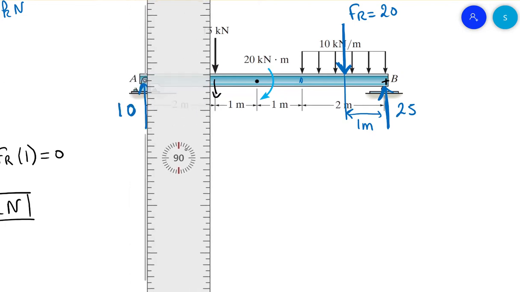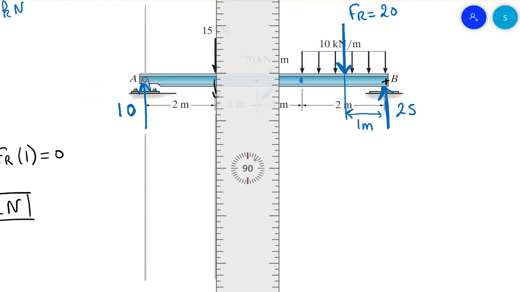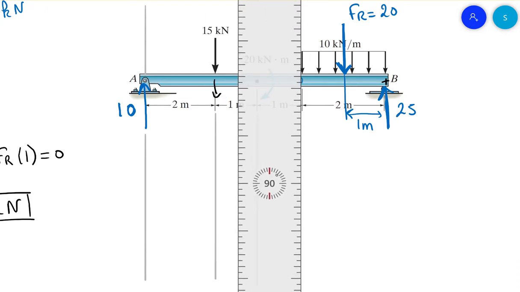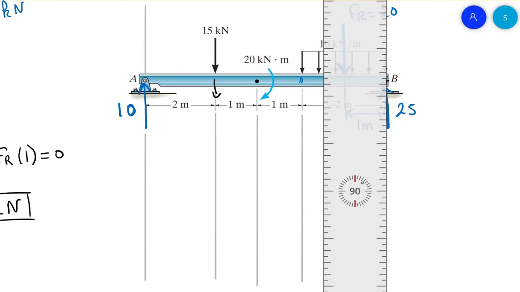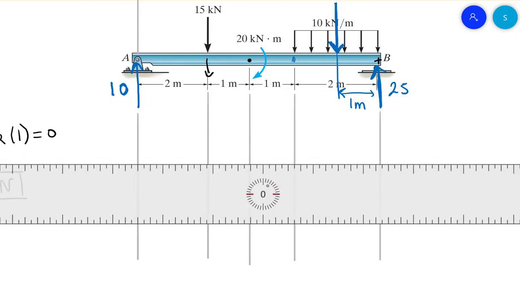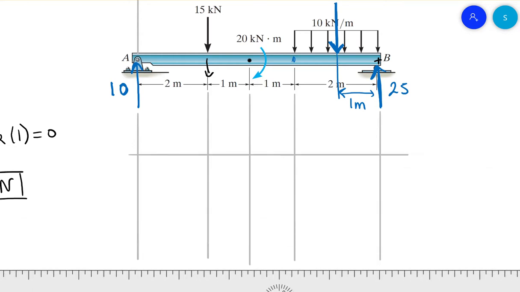This is x equals 0. This is where it's equal to 15. This is where there is a moment. This is the beginning of the distributed load, and this is the end. I will draw the shearing force there and the moment there.